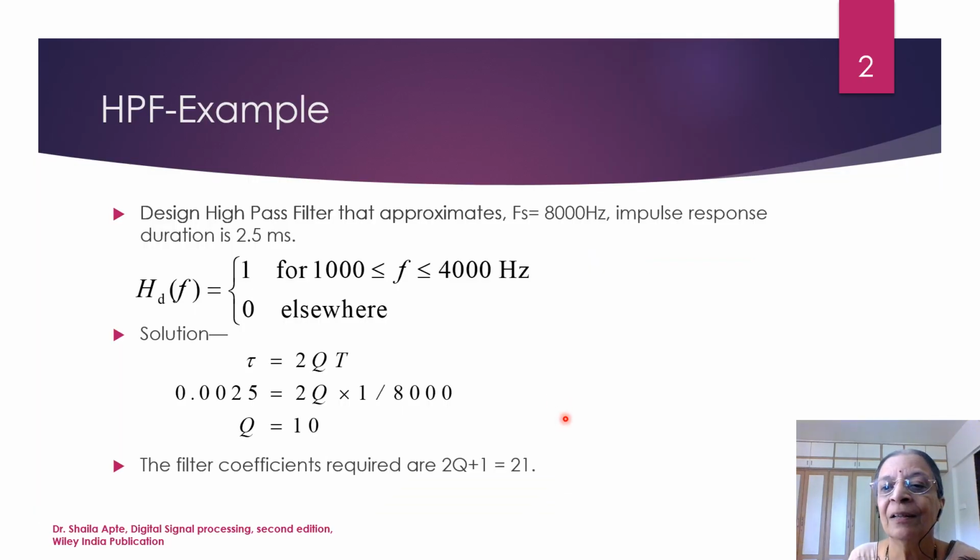We have already seen low pass filter design using the Fourier series expansion method, right? I have already told you that the word Fourier series is a little misleading because we are writing the Fourier series expansion for a frequency domain signal which is periodic.